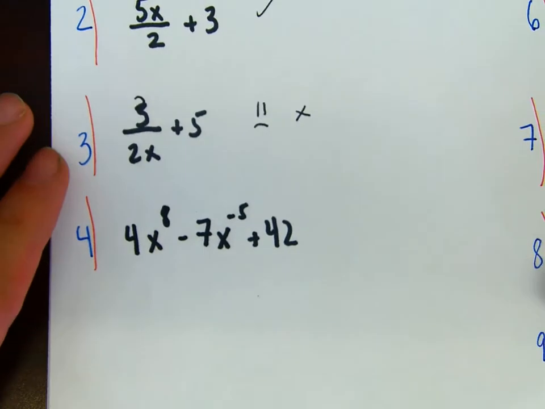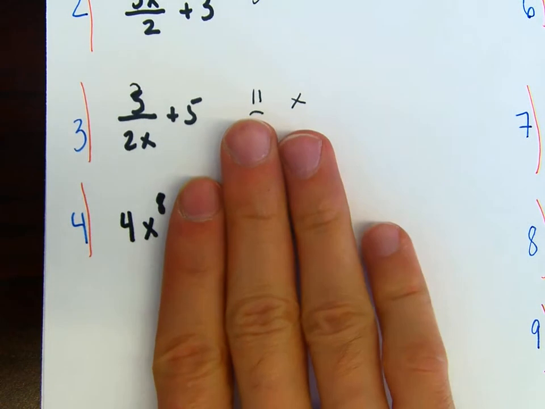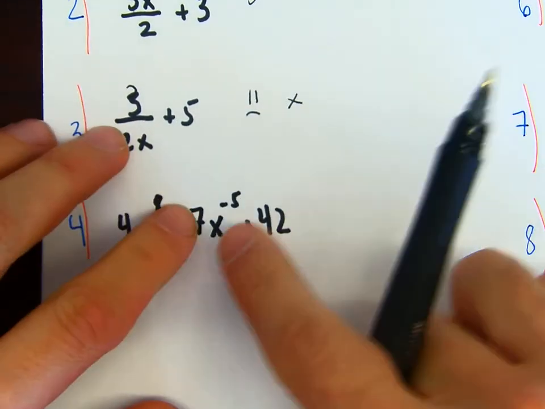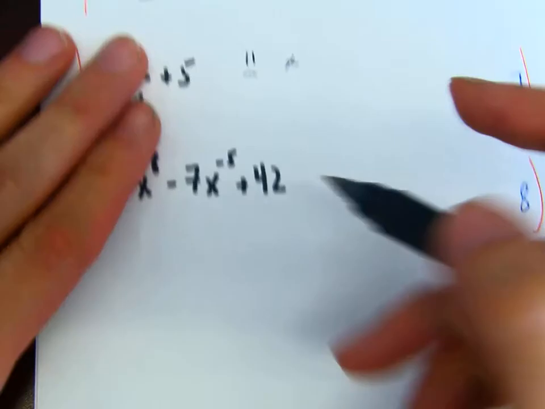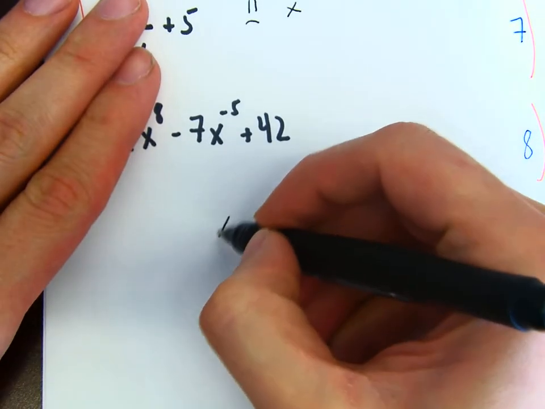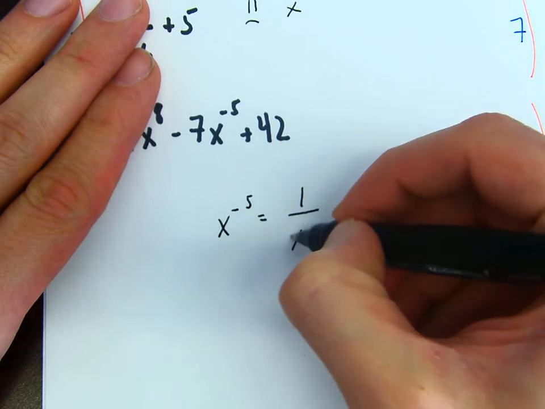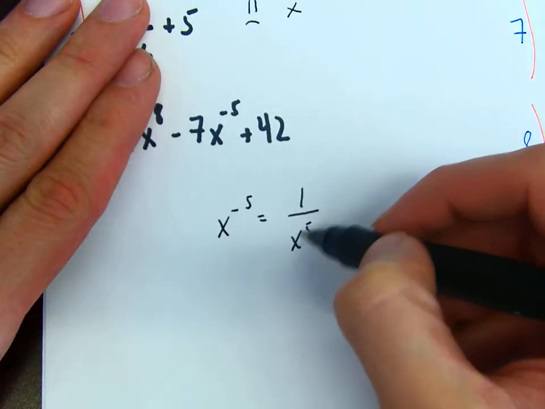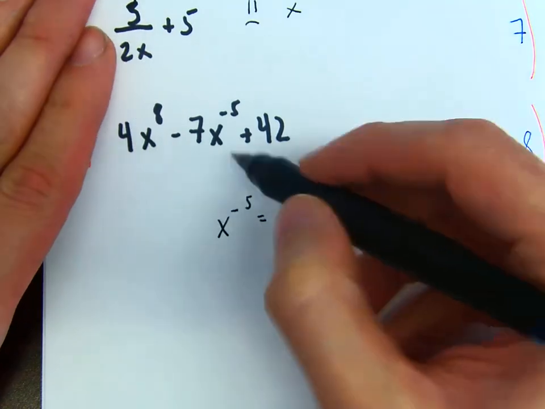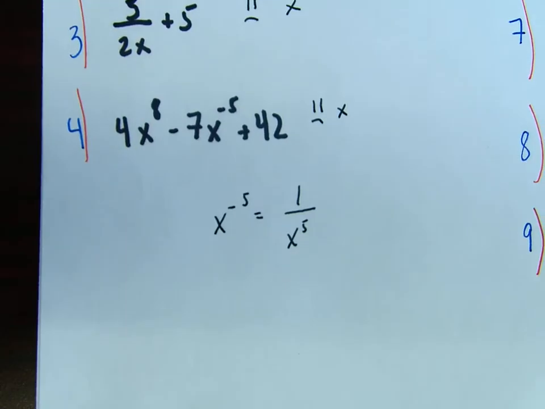What about question 4? This part is okay, but when you take a look at this part over here, because you have a negative exponent, we didn't talk about it in the course, but what will x to the negative 5 be? It will be 1 over x to the 5. By having a negative exponent, you're dividing by a variable, and this is no bueno. So this is not a polynomial expression as well.